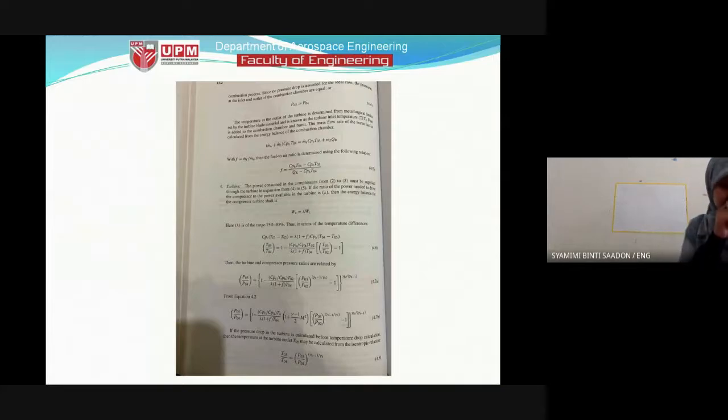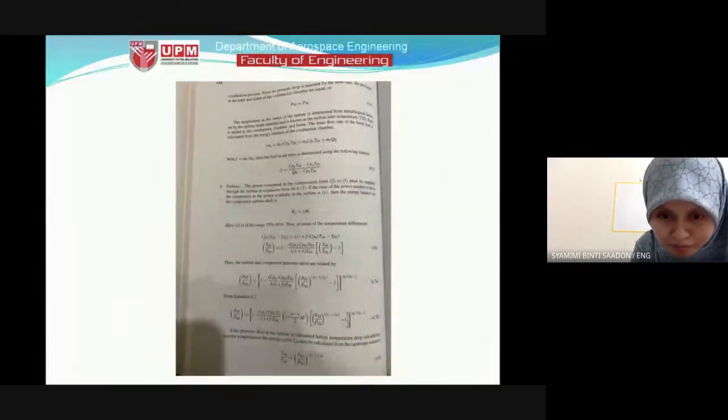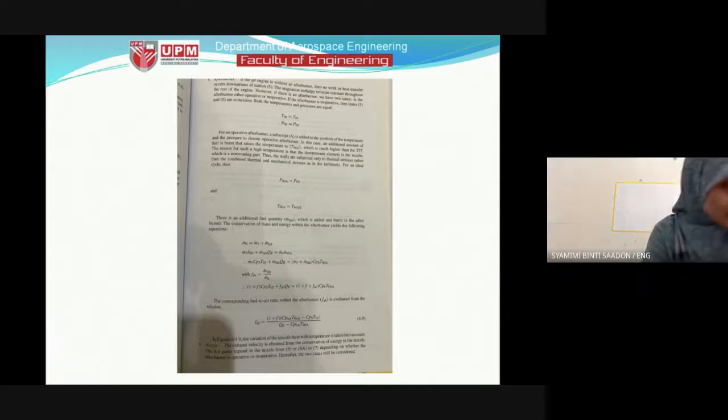So we use this one. Let me find the equation for a moment. Operative afterburner.